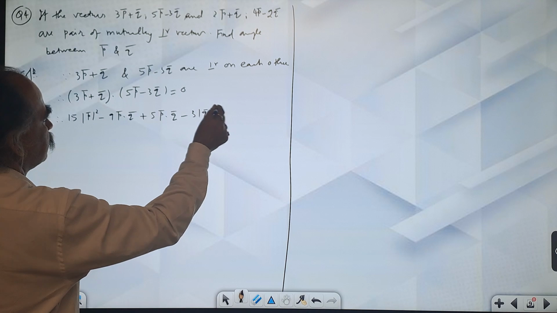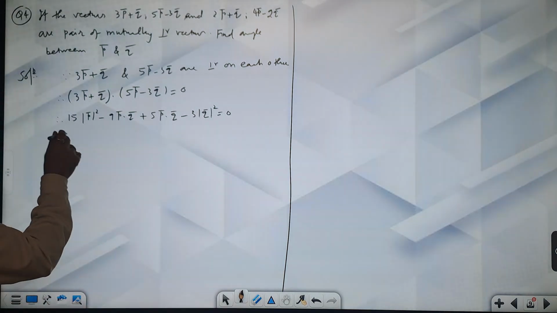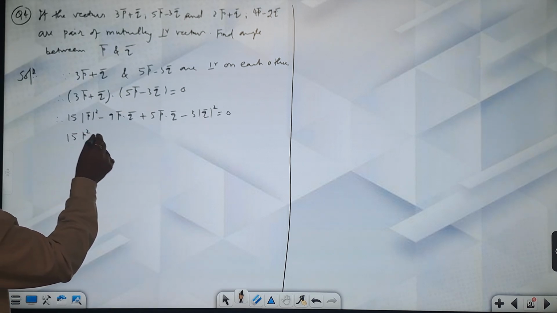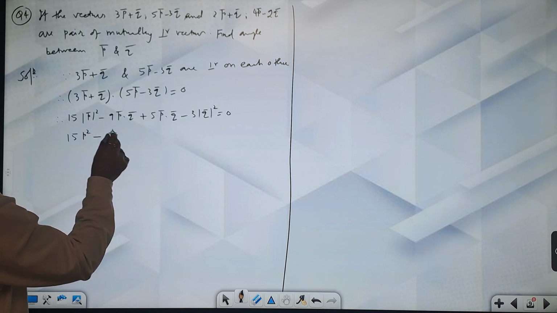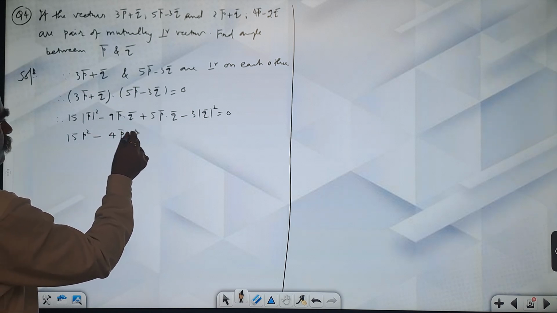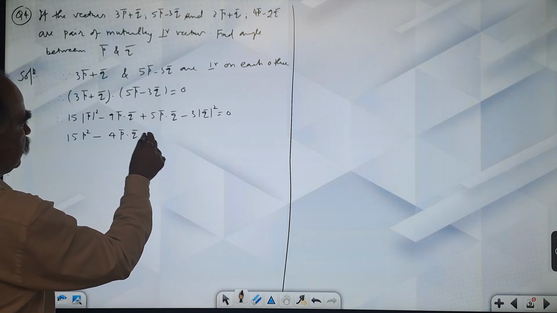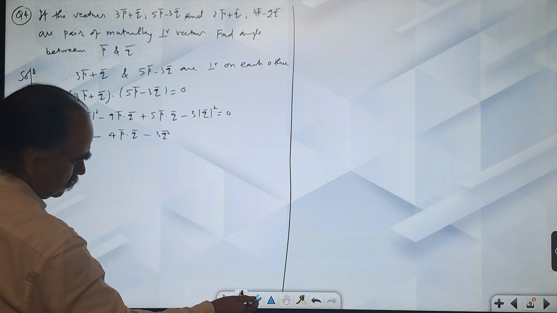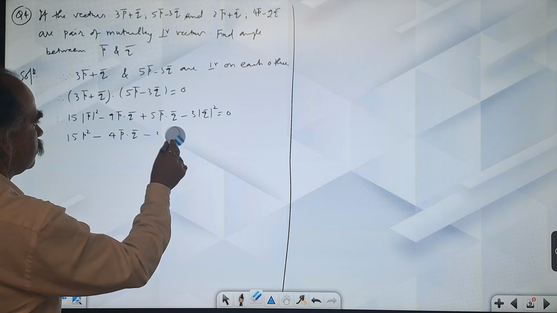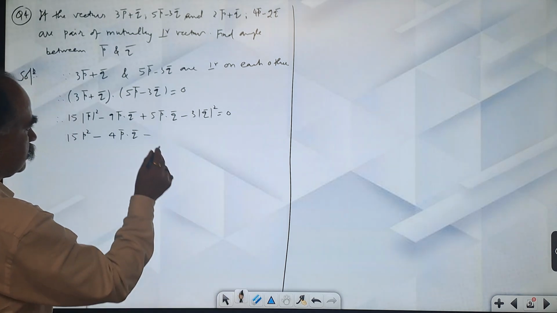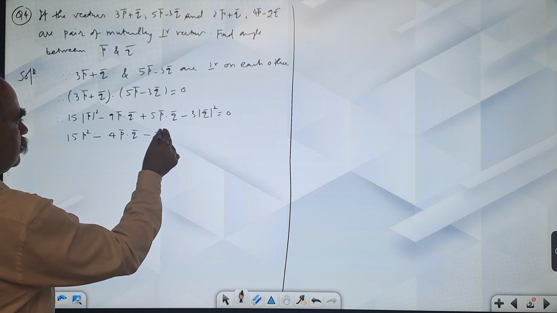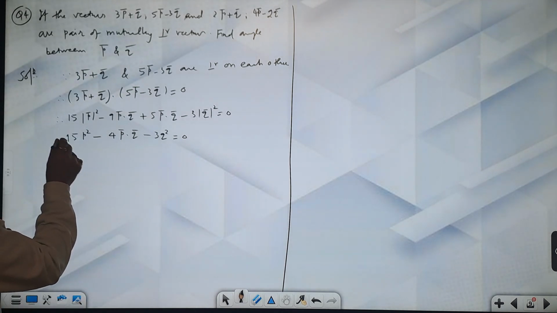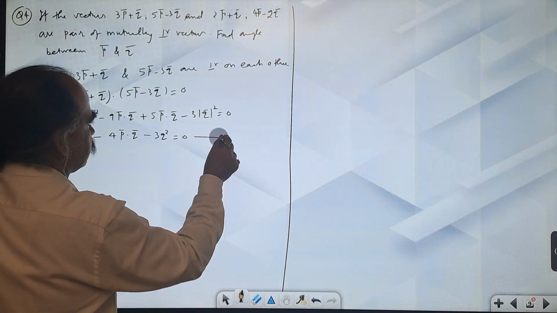Mod q bar square. So 15p square minus 4p dot q minus 3q square is equal to 0. Write this as equation number 1.